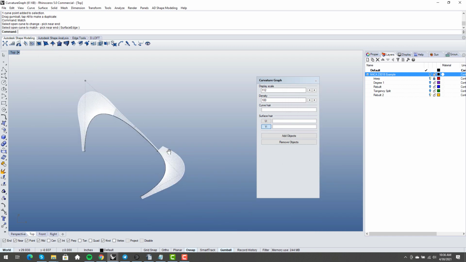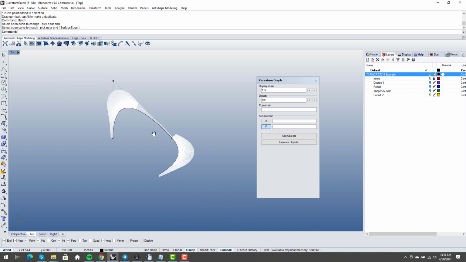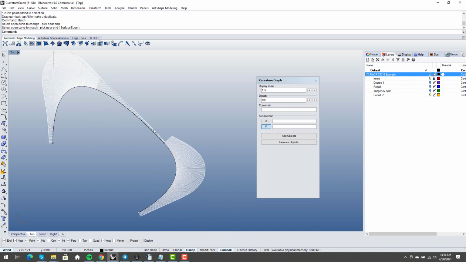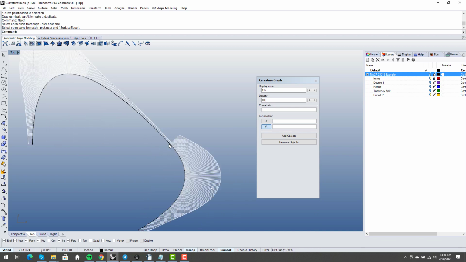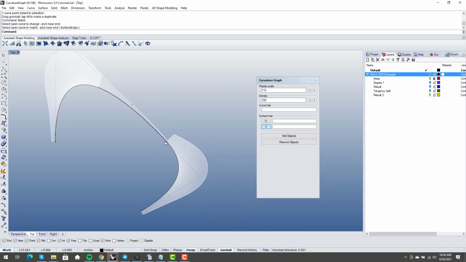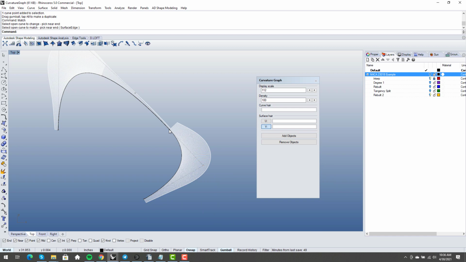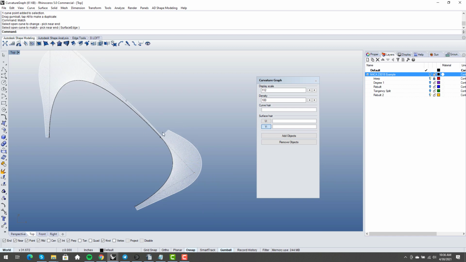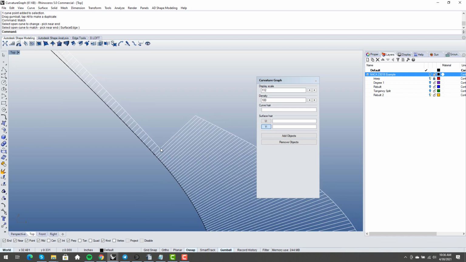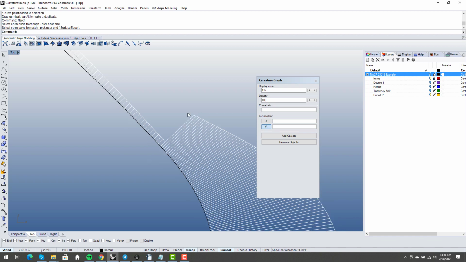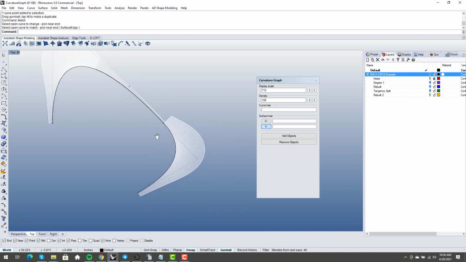But you can even just visually see with the curvature graph here that these two are indeed tangent with each other. So this is what tangency looks like. You can have a complete discontinuity in these corners, but the direction of the combs needs to line up.